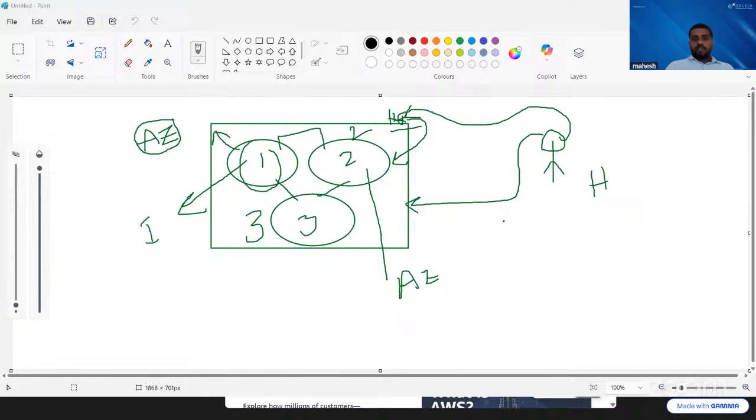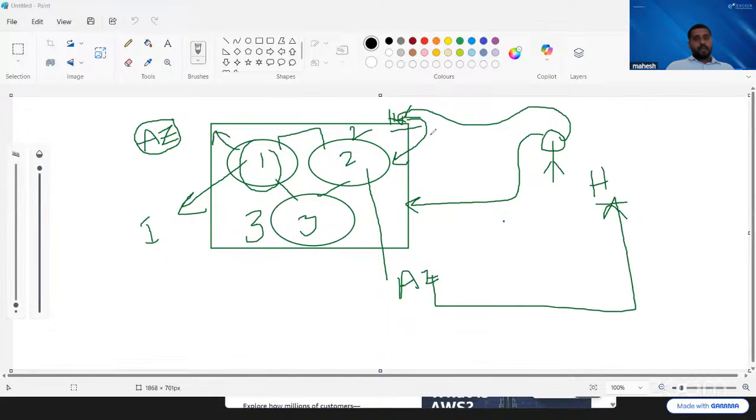Zone 1 infrastructure is different, zone 2 infrastructure is different, zone 3 infrastructure is also different. So every region is further divided into availability zone 1, zone 2, zone 3. Now when a customer tries to store data inside this region, the customer data will be stored in any one of the availability zones, because the zone has to map to the customer, right?